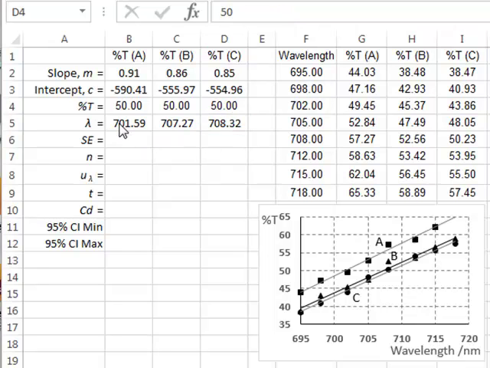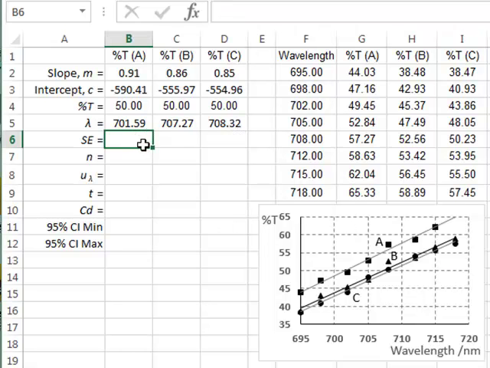So now we have best estimate values for the points at which these best fit straight lines cross the 50% transmission mark. But the next thing that we have to do is to calculate the uncertainty in each of these values.